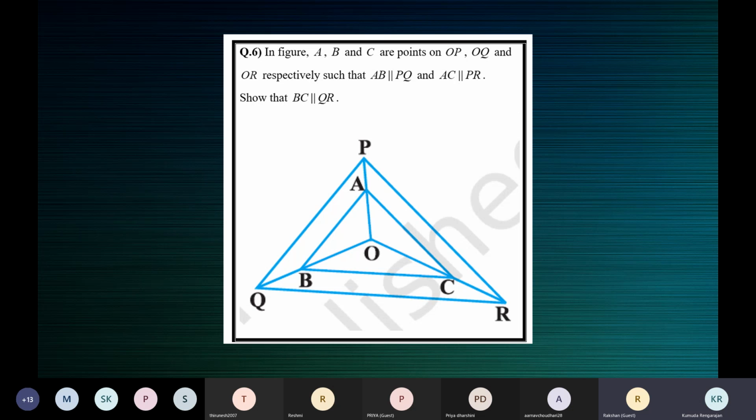No. AB is parallel to PQ, and which triangle? PQR.